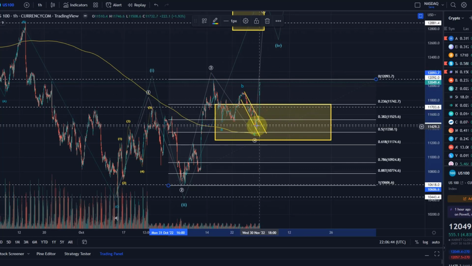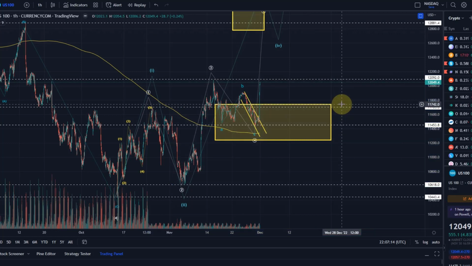That has been the plan. And the only point is if it really drops below 11,238, then it would most likely not be a wave 4 anymore, and I would expect a new low for the NASDAQ. However, as planned, we found support in this box here, basically at the 38.2% fib level, which is for a wave 4 the ideal retracement, the ideal target.